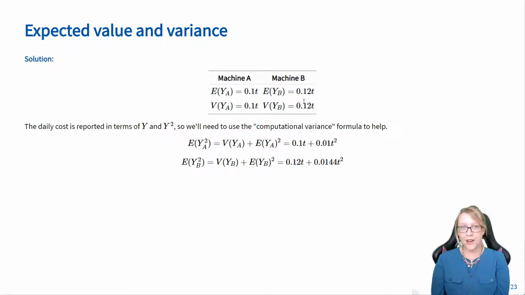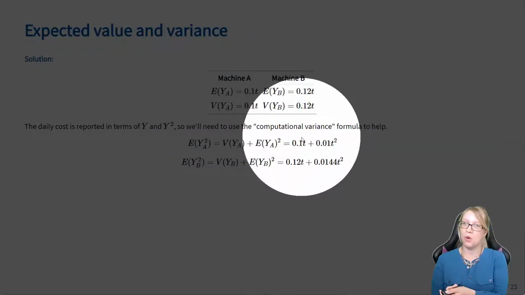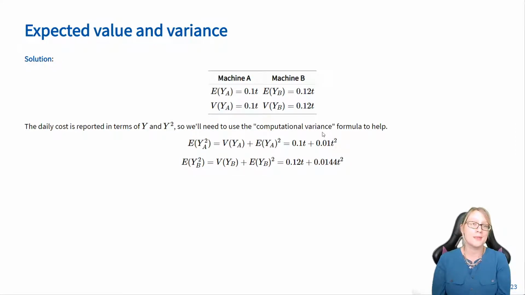So the expected value of y squared can be written as the variance plus the expected value quantity squared. So expected value of ya squared, we get to be 0.1 t plus 0.01 times t squared. For expected value of yb squared, we get 0.1 t plus 0.0144 t squared.